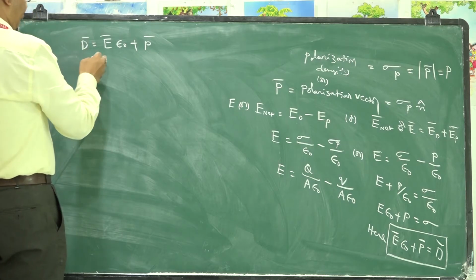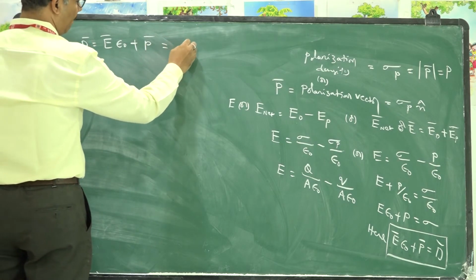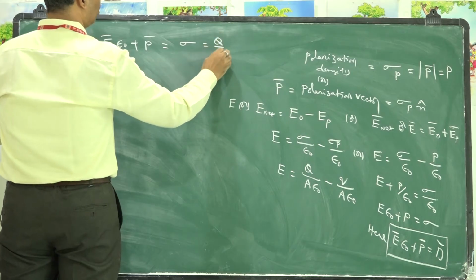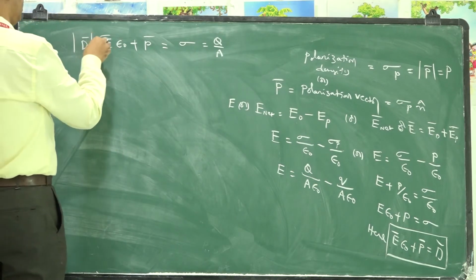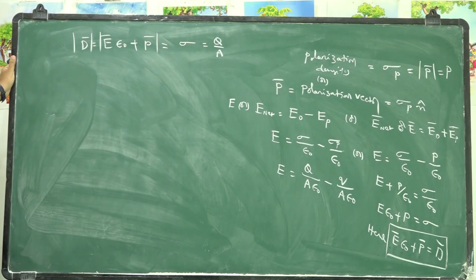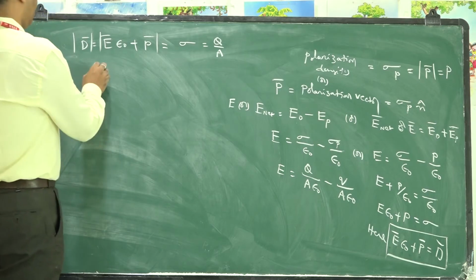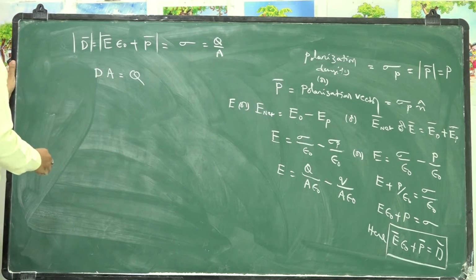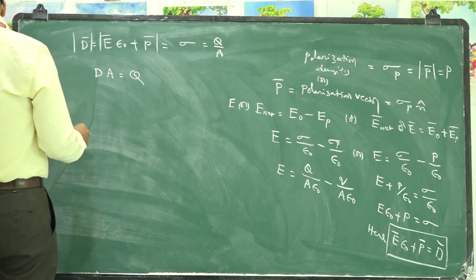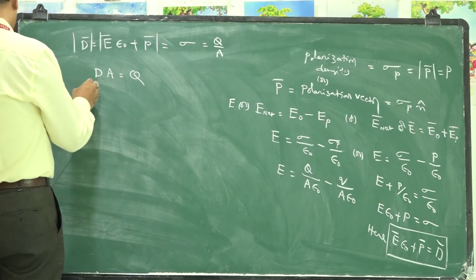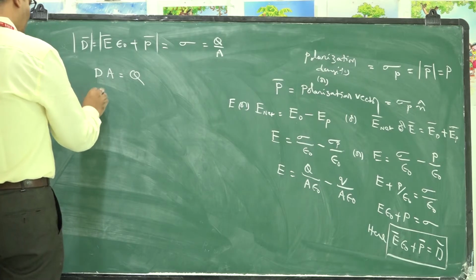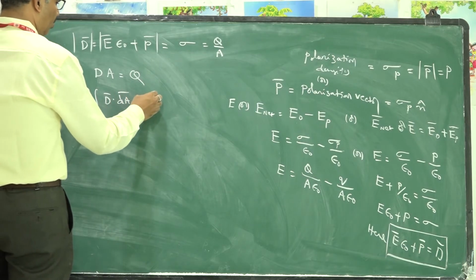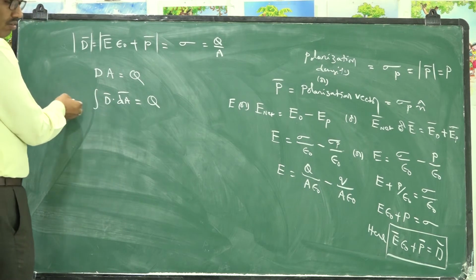The magnitude of this is equal to sigma, and sigma means Q by A. Therefore, you can write D A is equal to Q, or in the integral form, integral D bar dot dA bar is equal to Q, because D bar is a fixed value, you can keep D outside.